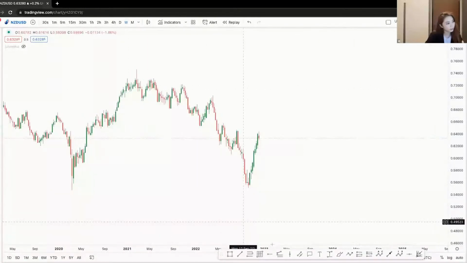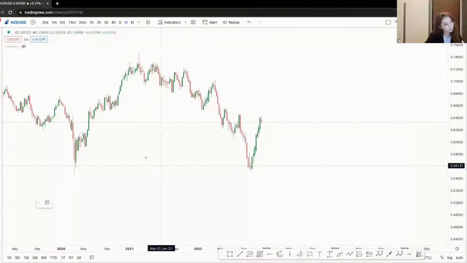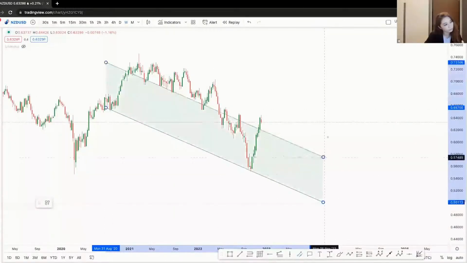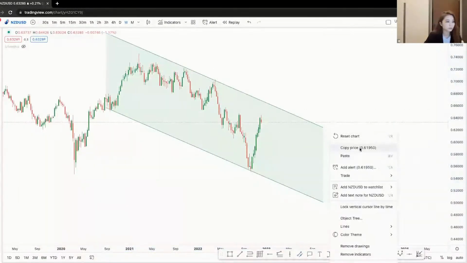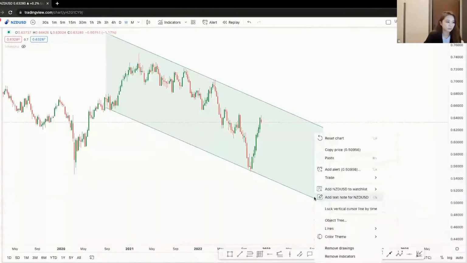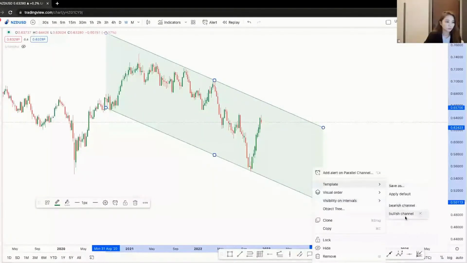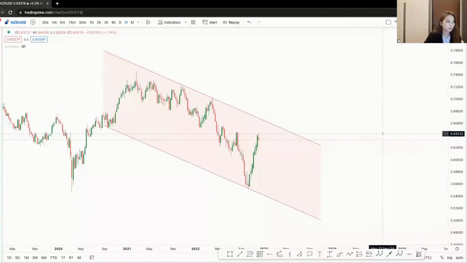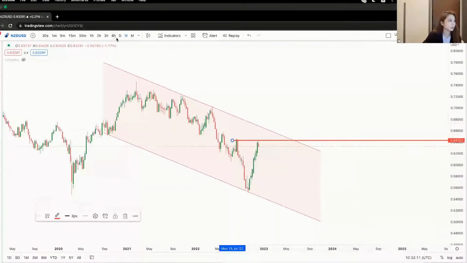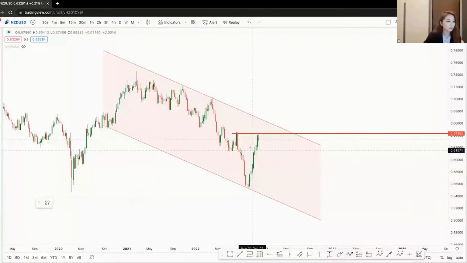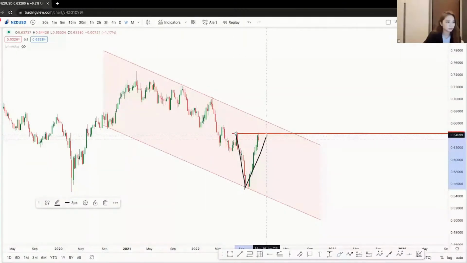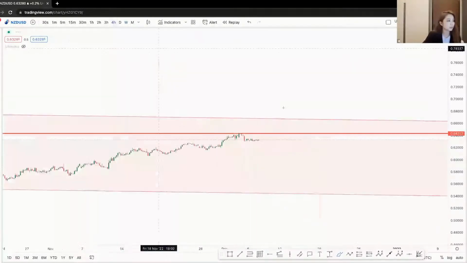It's a relatively flat downtrend that we are seeing. Some form of resistance over here completes a V-shaped recovery. Let's look at H4.